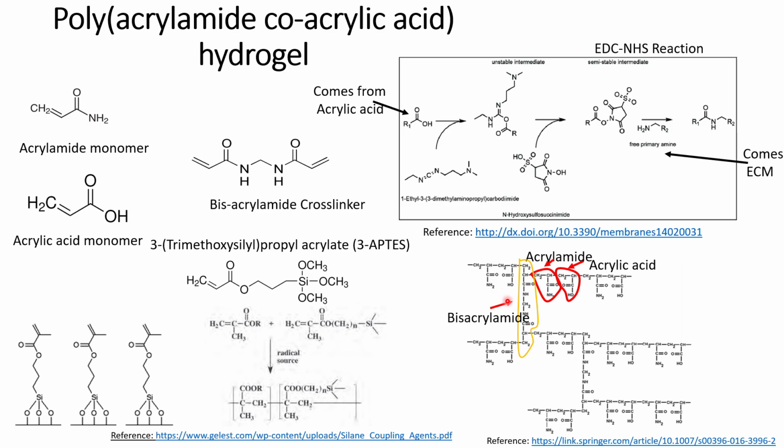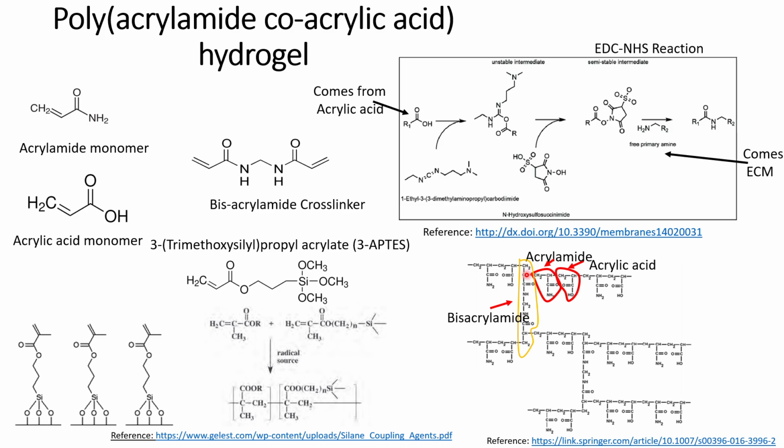In this case also they will use APS and TEMED to initiate the free radical reactions that lead to the polymerization of acrylamide and acrylic acid and the cross-linking with bisacrylamide. The initiation of free radical reactions will also cause cross-linking of the functionalized cover slip with the polymerized hydrogel. All these things occur at the same time when the free radical initiator is triggered with the TEMED and APS reactions.